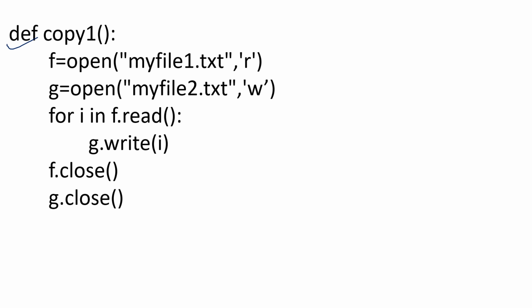So here we want to copy the data from myfile1.txt to myfile2.txt. So in this case, we will open our myfile1.txt in the read mode because we want to read the content from this file, and myfile2.txt in the write mode because we want to copy down the data in this file.